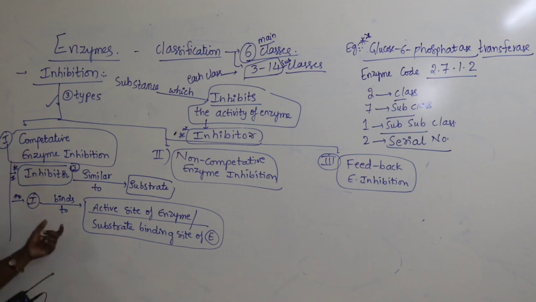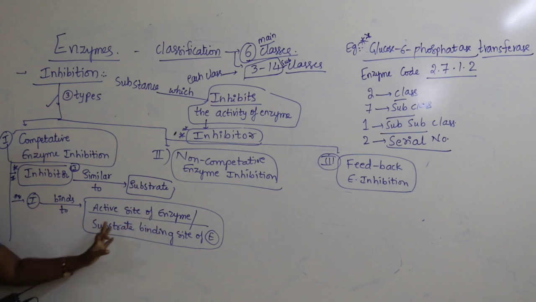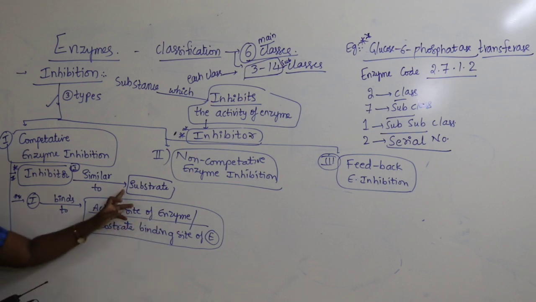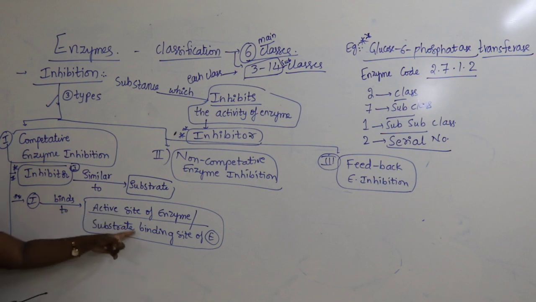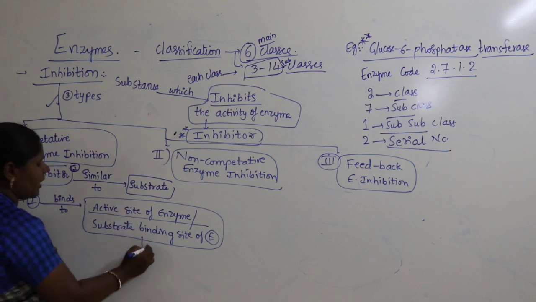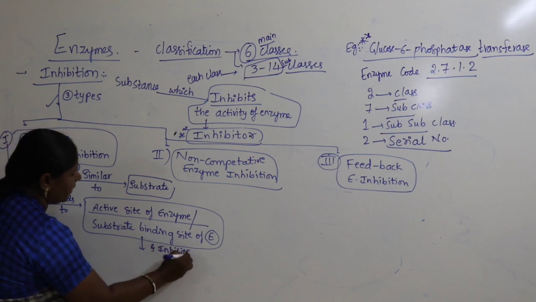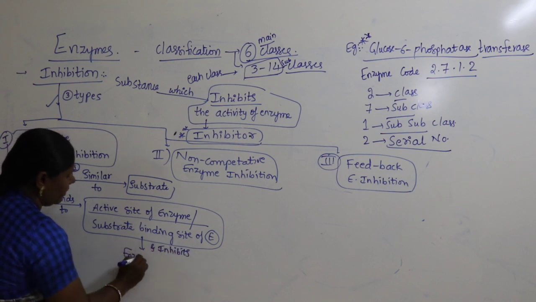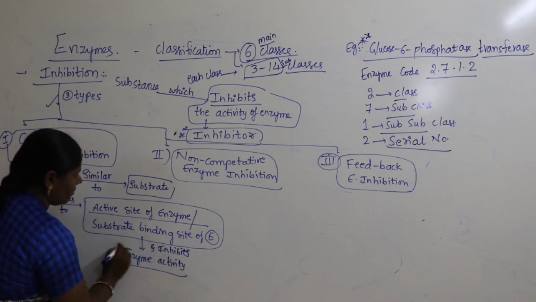What exactly does this mean? The substrate is not coming and binding. The inhibitor is coming and binding to the active site of the enzyme. Thereby it inhibits enzyme activity.